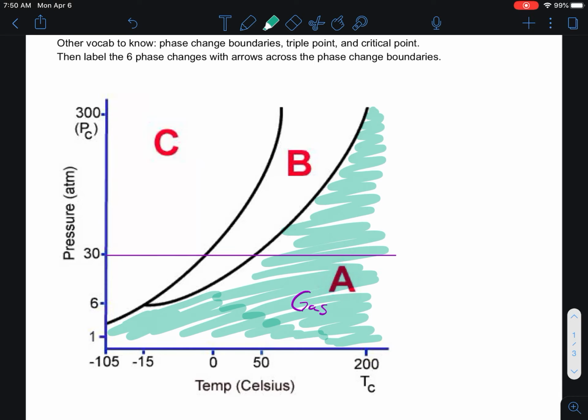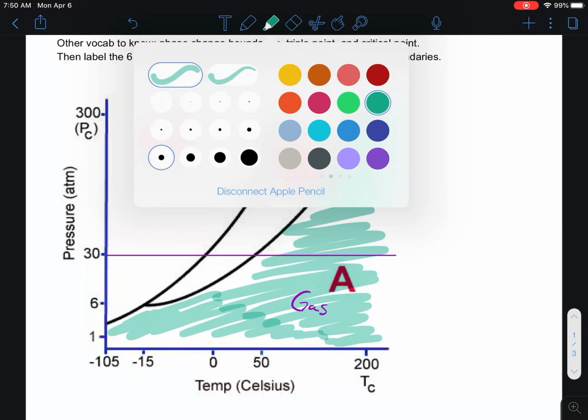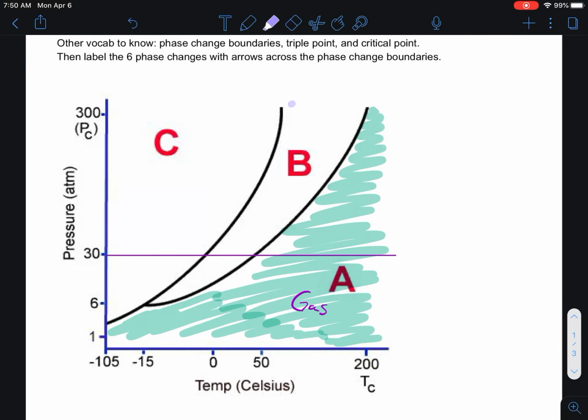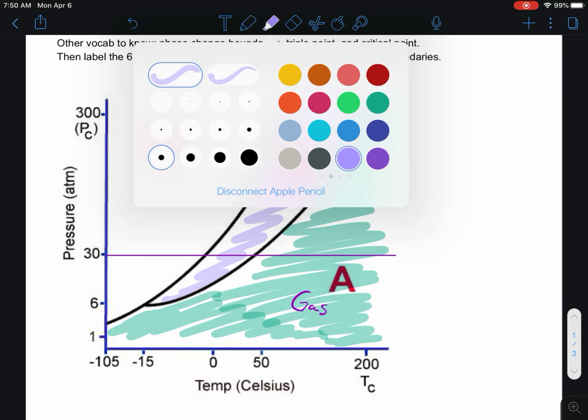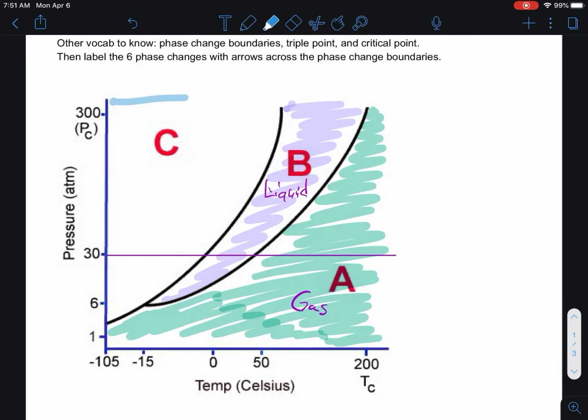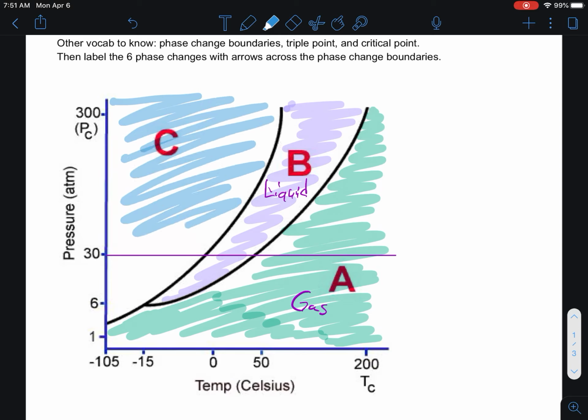This next zone that is in that medium temperature at the same pressure, this zone all in the middle, that's going to be our liquid. And when temperatures get to be their lowest temperature at a given pressure, you are typically going to have your solid state of matter.